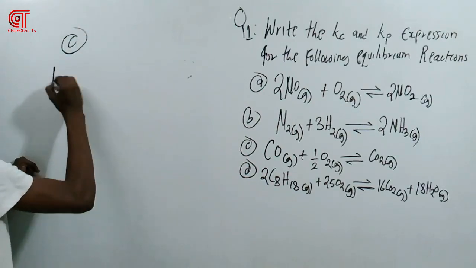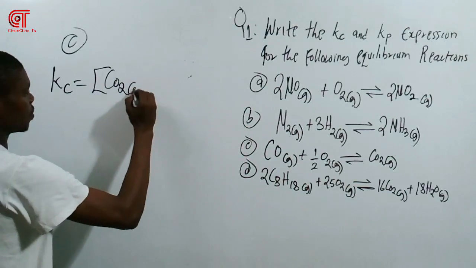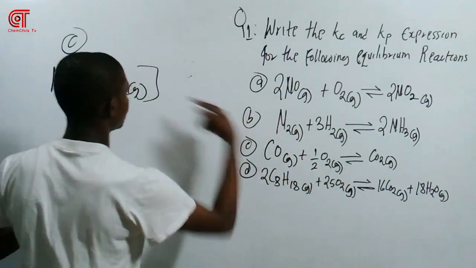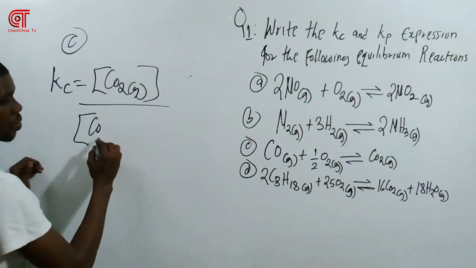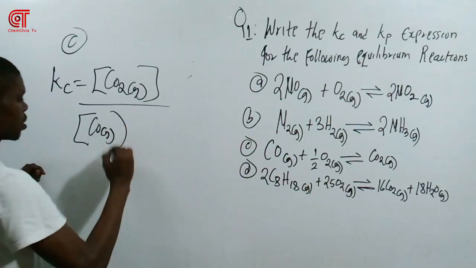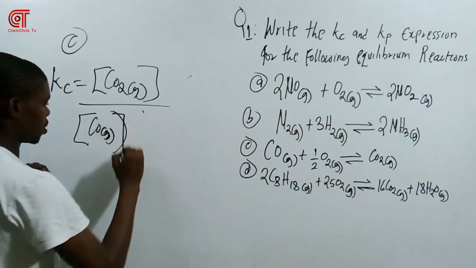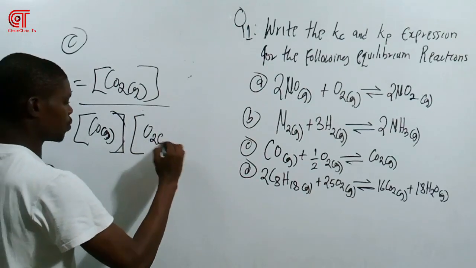Right? So Kc equals the concentration of CO2 gas, here is 1, so you don't need to put in 1, over CO gas, then here we have O2 gas.